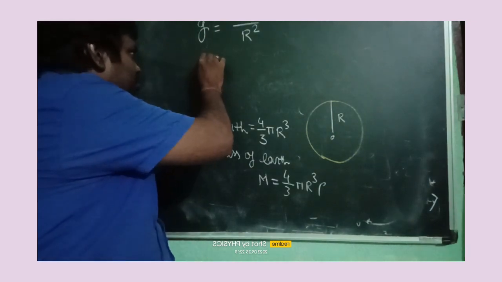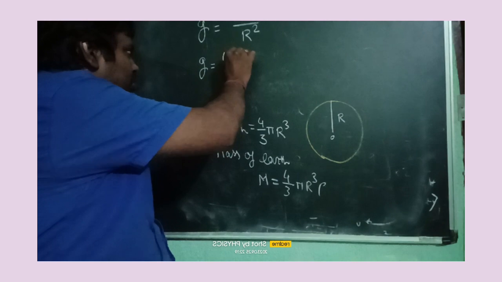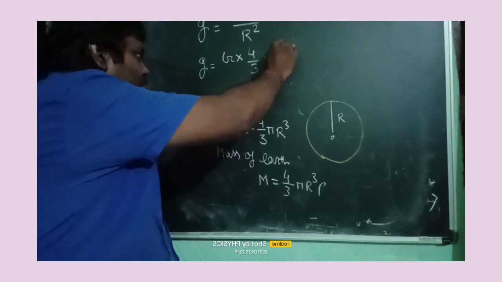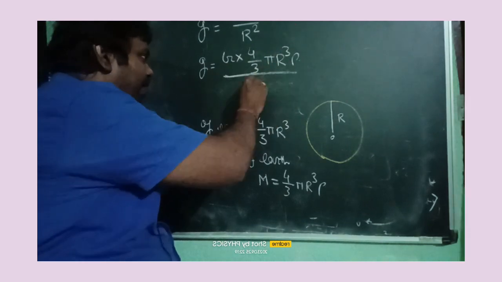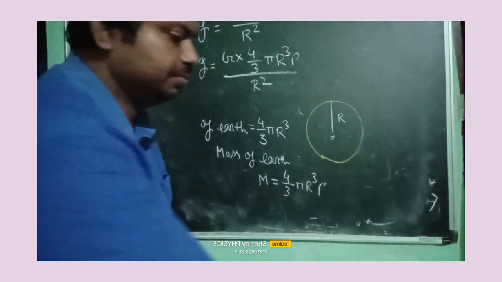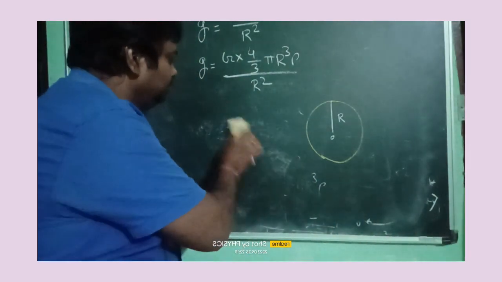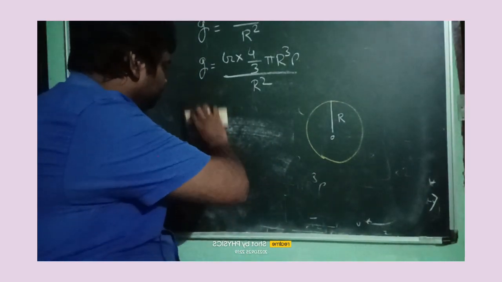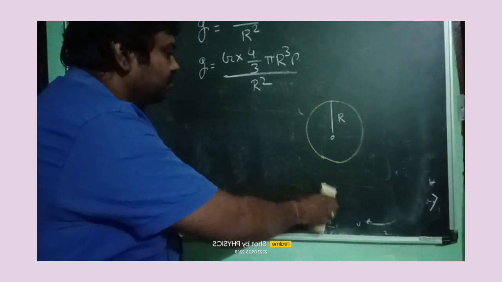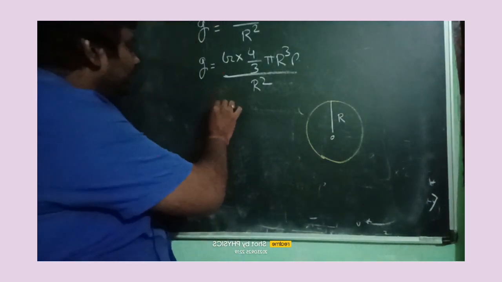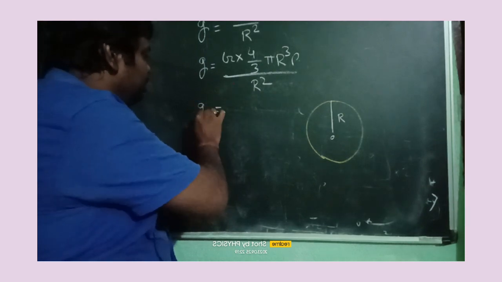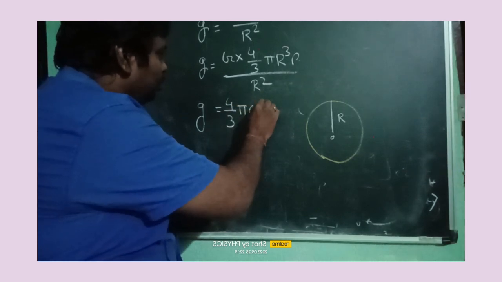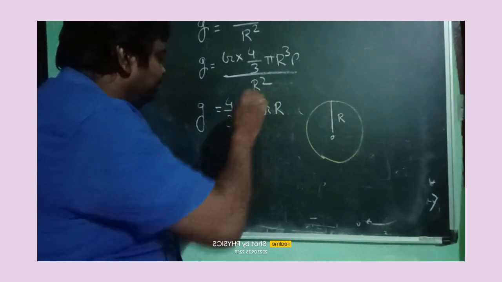Now putting the value, small g equals G into 4/3 pi R cube into rho by R square. From here we have small g is equal to 4/3 pi rho G into R.